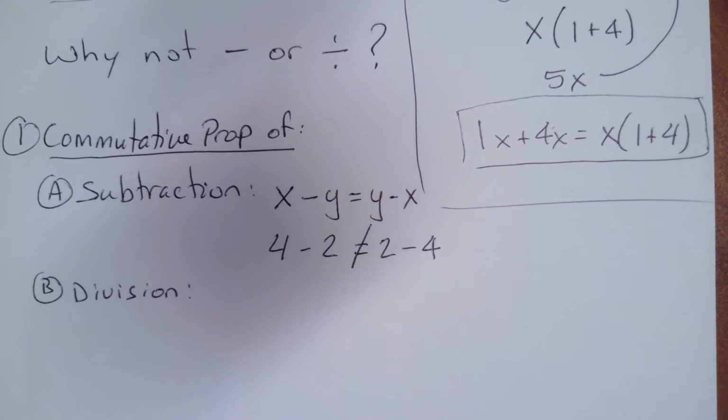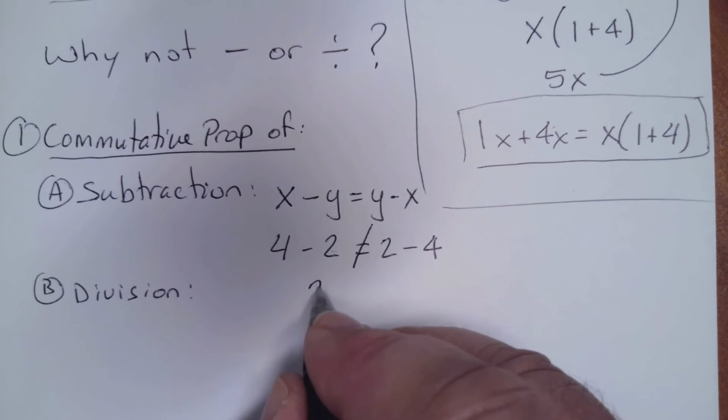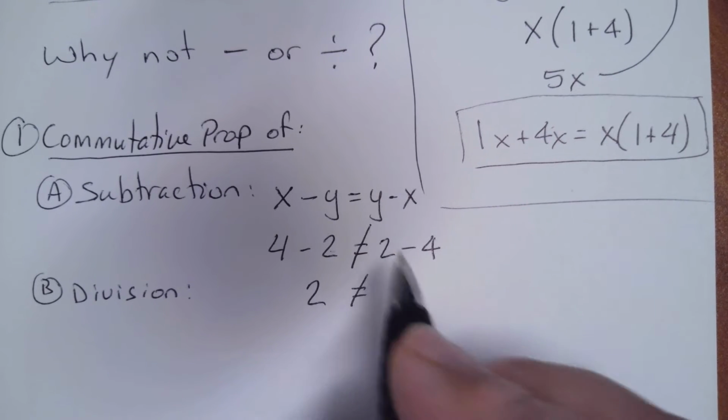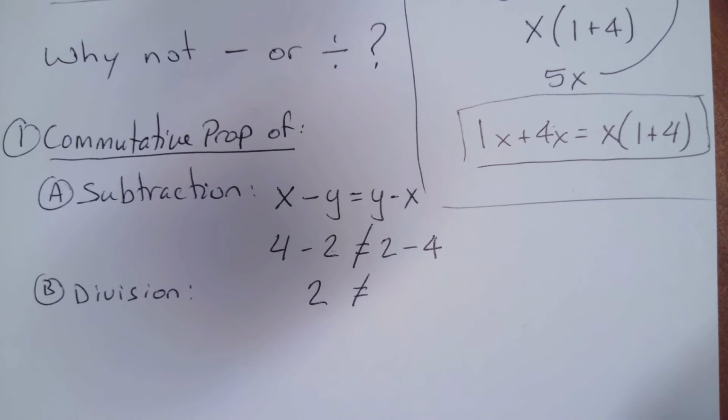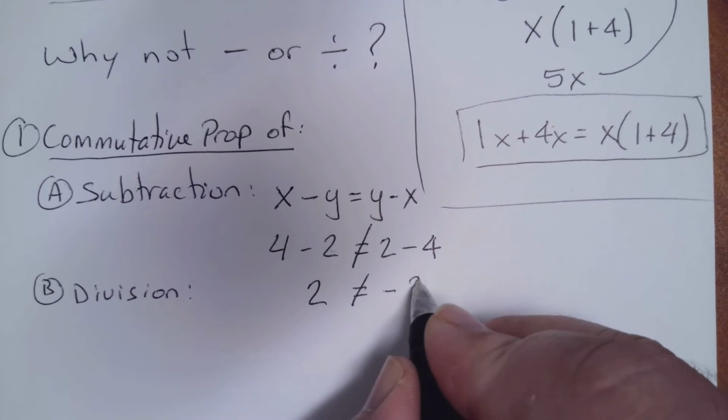That doesn't work. 4 minus 2 is 2, and 2 minus 4 is negative 2.